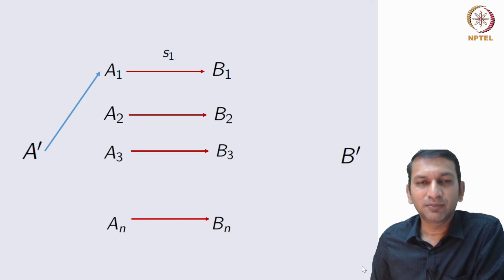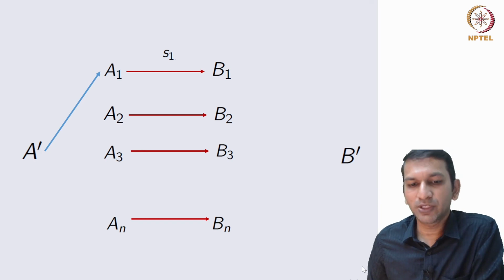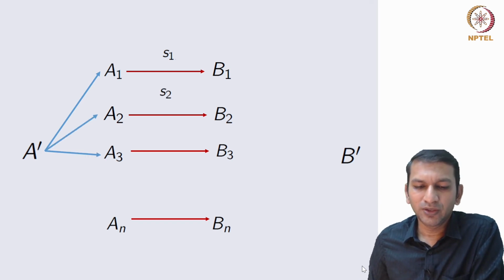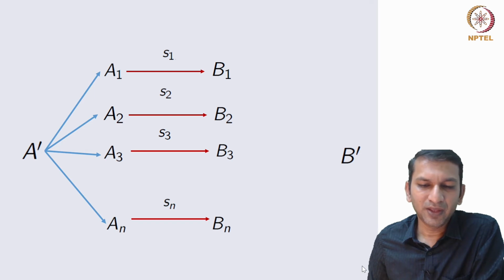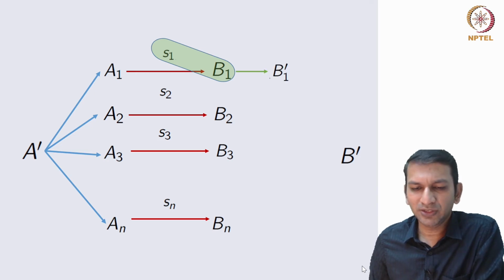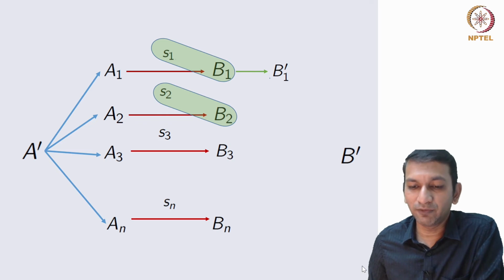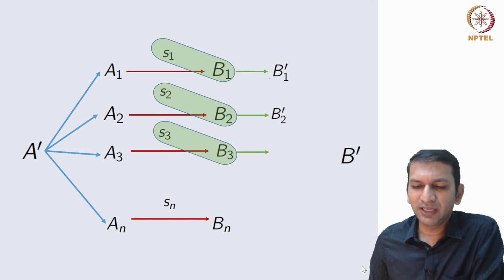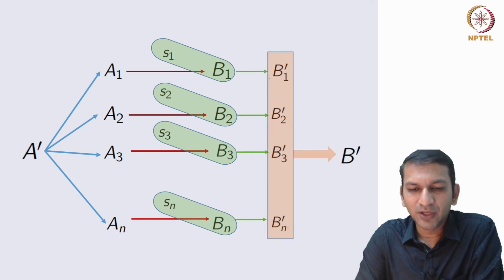So A dash matched with A1 gives us a similarity value S1, with A2 it gives S2, with A3 S3, so on till Sn. Now we take this similarity value Si and modify the corresponding Bi. So S1 modifies B1 to give B1 dash, S2 modifies B2 to give B2 dash, similarly we get B3 dash, so on till Bn dash. So now this is finally aggregated to obtain B dash.